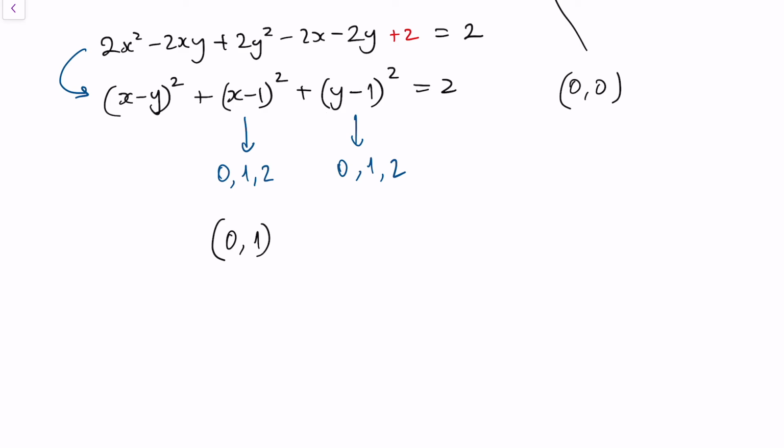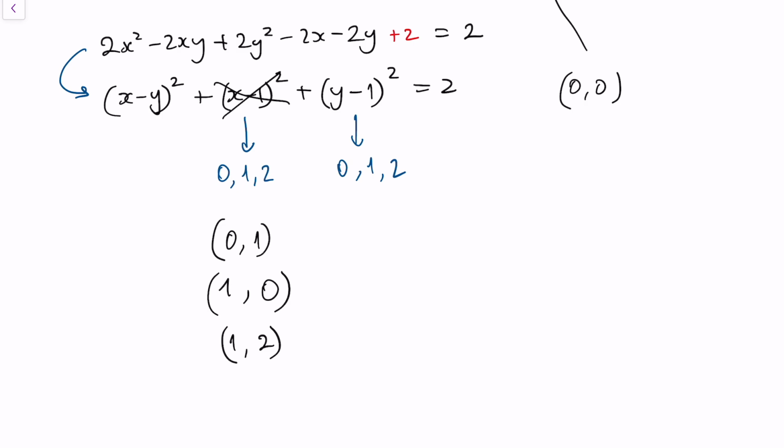We could do the same thing and take x to be 1 and y to be 0. The next possibility is that we combine 1 and 2. The difference between 1 and 2 is 1, so if we take x to be 1 and y to be 2, we set one term to 0, then we get minus 1 squared, which is 1, and 2 minus 1, which is 1.